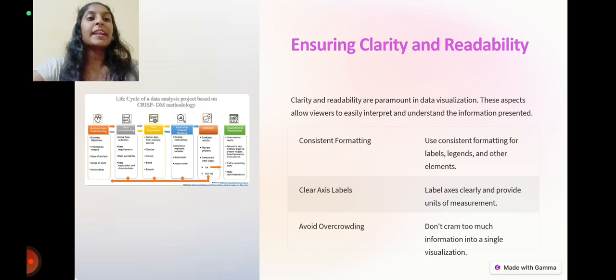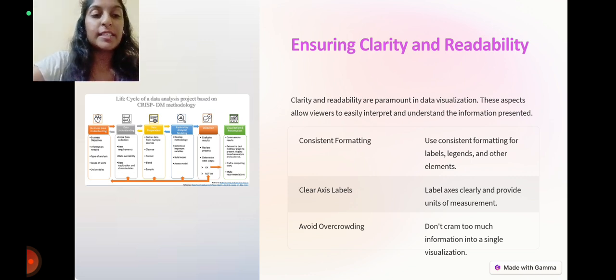Ensuring clarity and readability. Clarity and readability are paramount in data visualization. These aspects allow viewers to easily interpret and understand the information presented. Consistent formatting: use a consistent formatting for labels, legends and other elements.